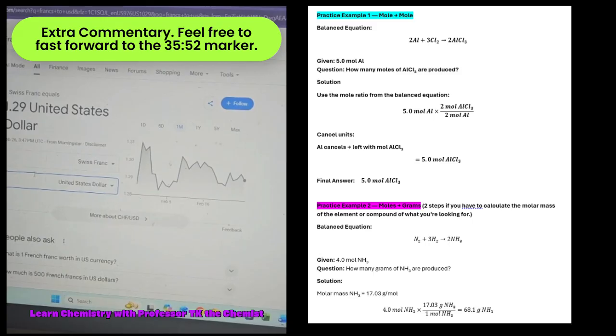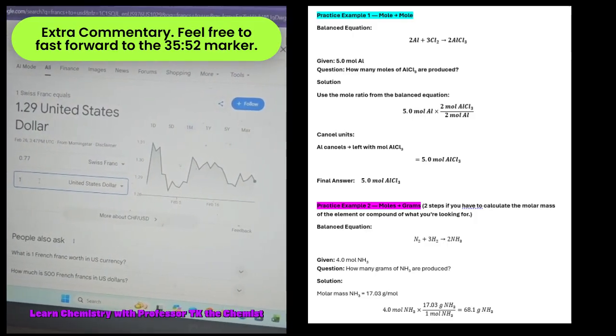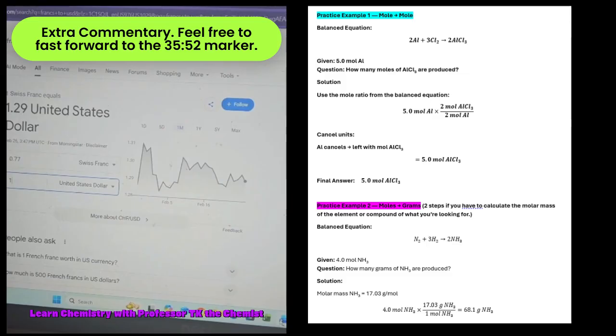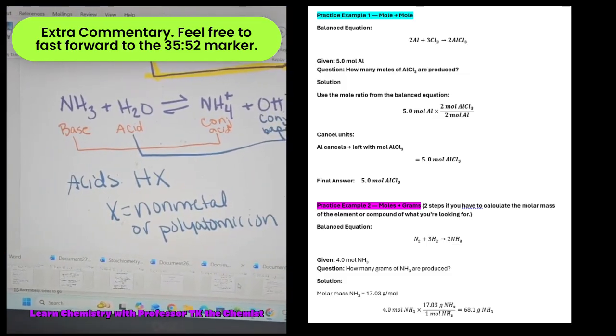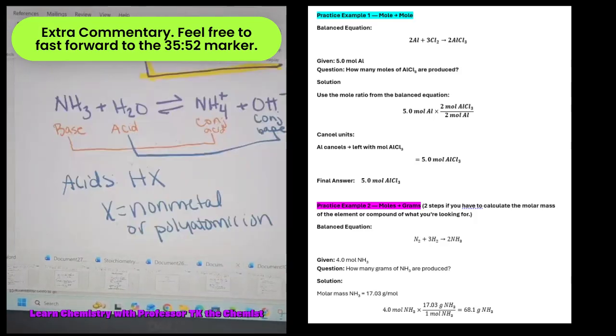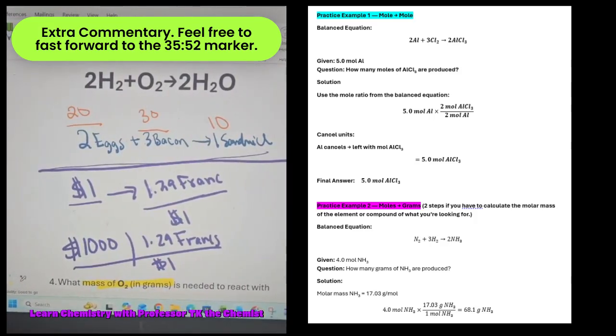Hold on, y'all. I had the conversion wrong. I said $1, it's equal to 0.77 francs. That's even less.